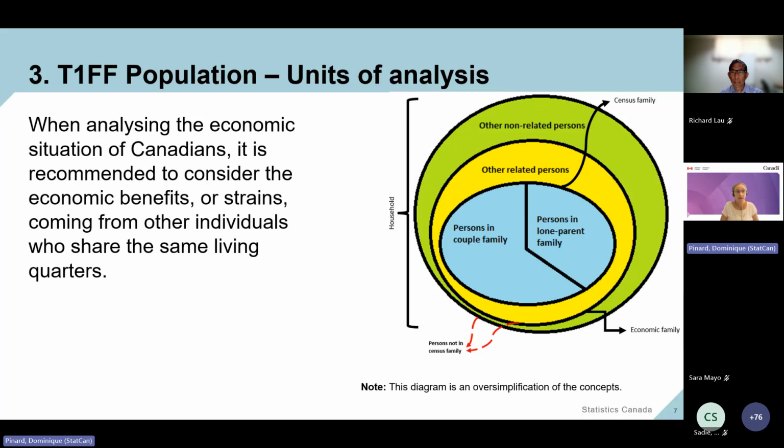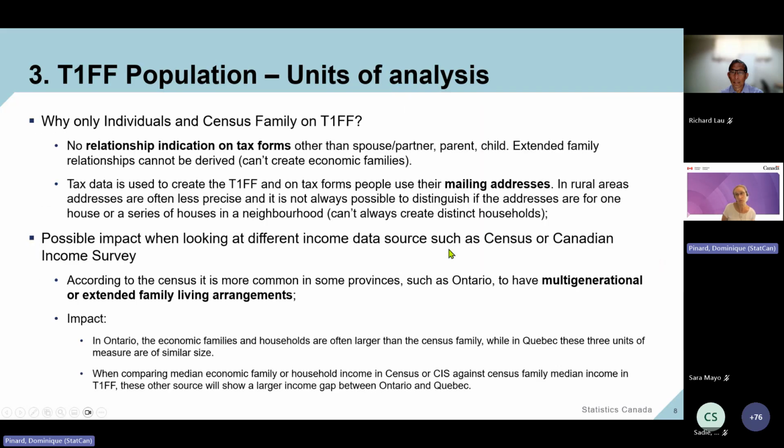Some other datasets might expand their universe to include economic family and households, and the choice of unit of analysis will depend on the analytical question, goal, or project, and/or availability in the dataset. So again, TIF has to limit its universe to census family and below, and it cannot respond to questions related to households or economic family.